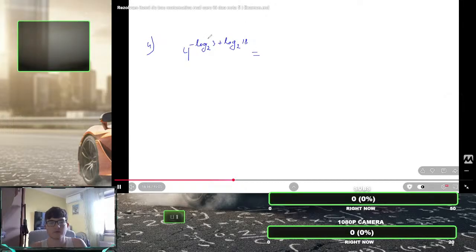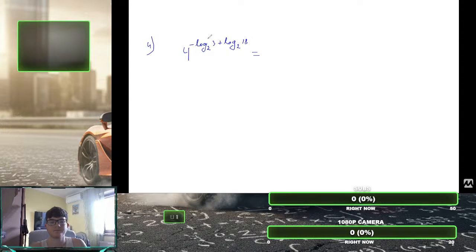We have this exercise right here. So how do we solve this exercise right here? Well, I can essentially work with that.